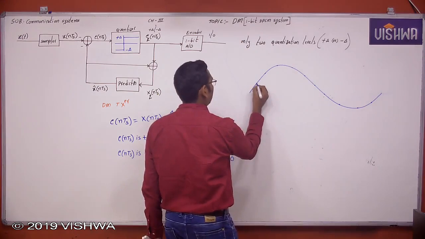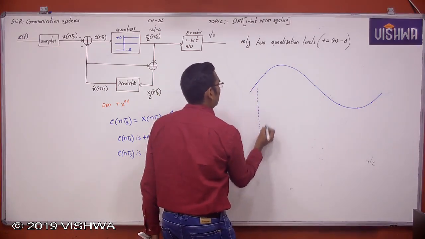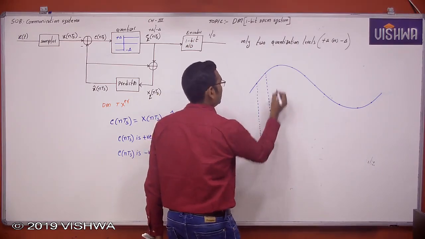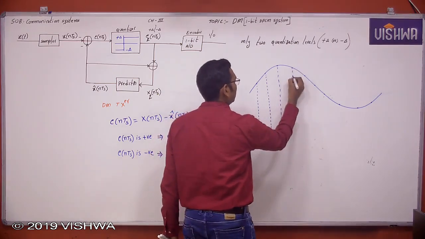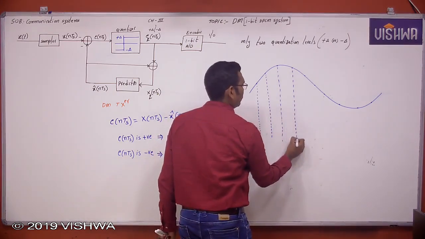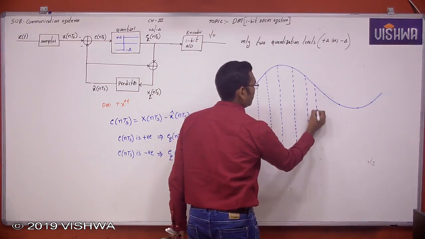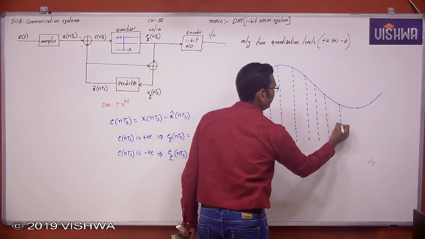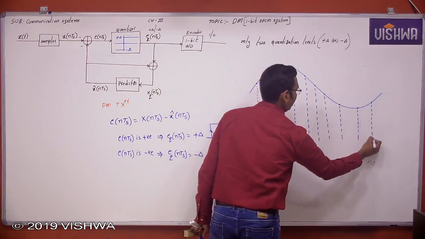Now let us take here Ts, 2Ts, 3Ts, 4Ts, 5Ts, 6Ts, 7Ts at different instants, taking successive time differences between the samples.